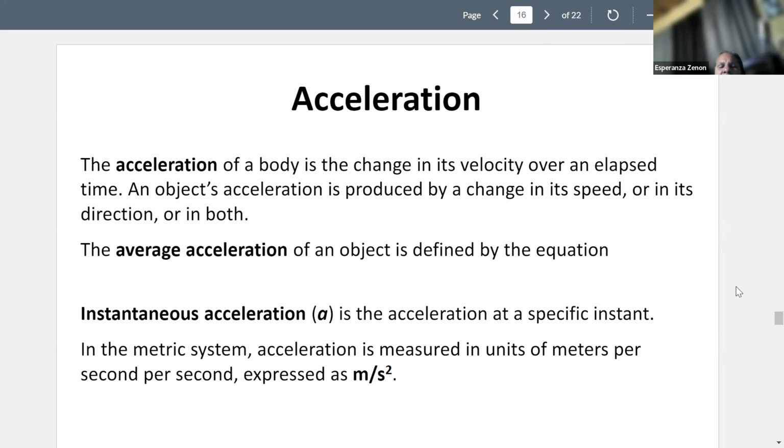And then they talk about instantaneous acceleration. We don't even have to get into that here. We don't focus on instantaneous or average acceleration. If we're using acceleration, you'll see in a minute that it's going to be fixed, so it'll be a known value, either given or you can calculate it.